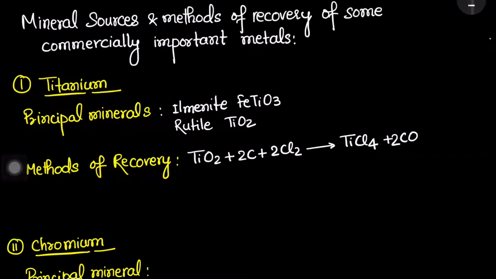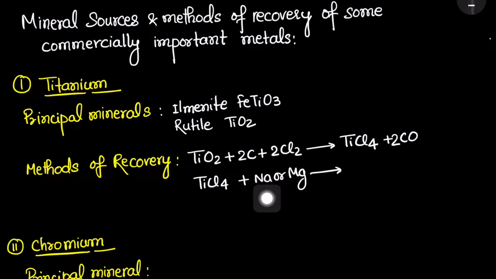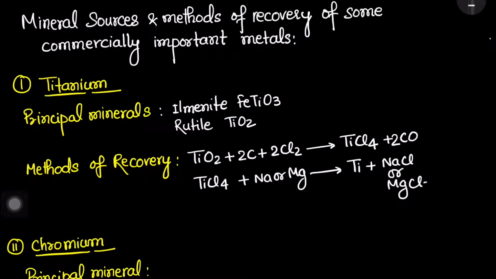Now we will reduce this titanium tetrachloride with a reducing agent like sodium or magnesium. These are very good reducing agents, that is alkali metal and alkaline earth metal. So we'll get titanium, and sodium can form sodium chloride or magnesium will form magnesium chloride.